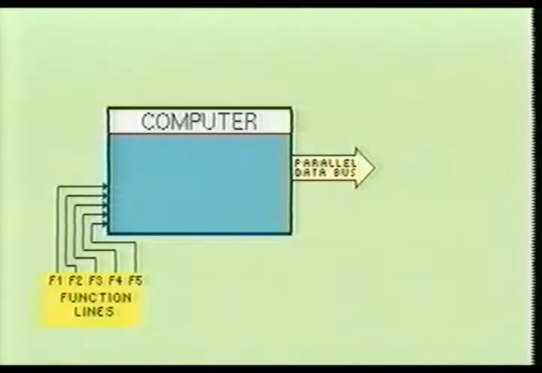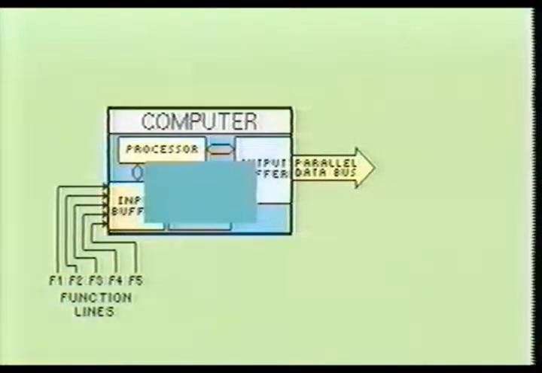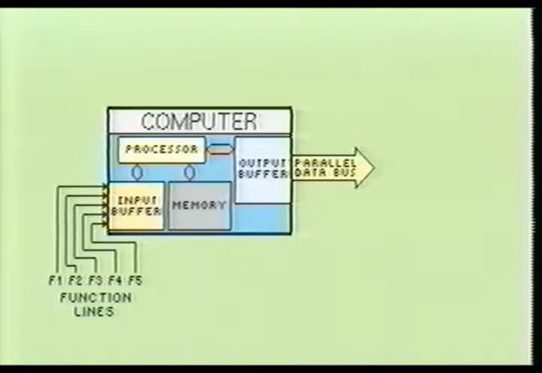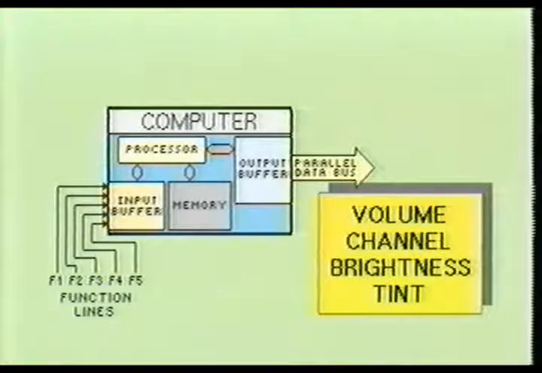The function lines, which are used from the remote control receiver module, are connected to the inputs of a small internal computer. This small computer contains in its memory the programming and data tables required to interpret the meaning of the function line signals and to control certain sections within the television receiver based on these function line signals. Examples would be volume control, channel selection, brightness, and tint settings.